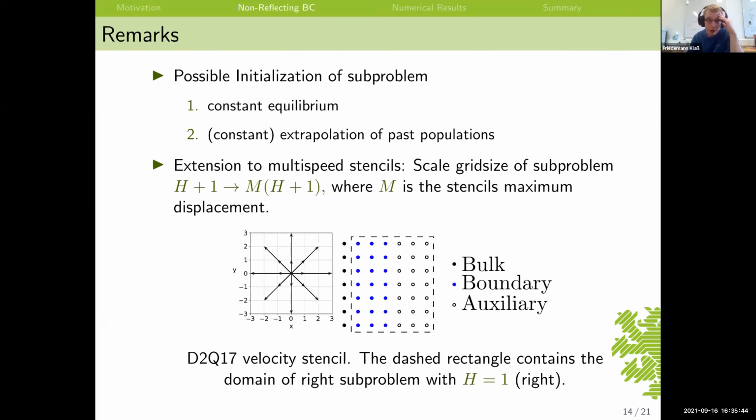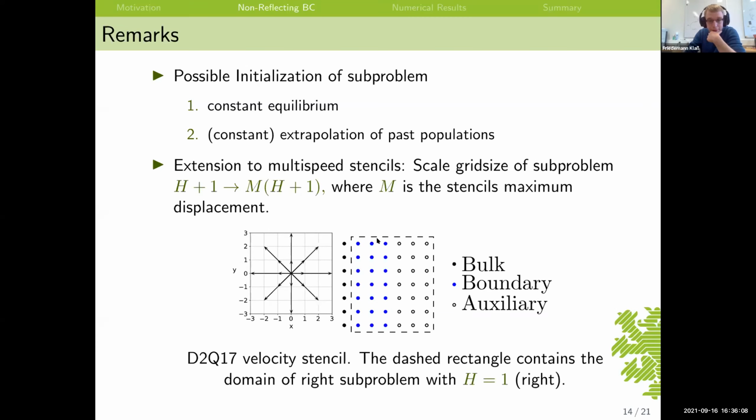Yes, and this actually is very, very easy to extend to multi-speed stencils. Again, basically what one needs to do is scale the grid size of the subproblem by the maximum displacement of the stencil. Here again, the D3Q19 velocity stencil has a maximum displacement of 3 because you can hop up to 3 cells to the next neighbor.